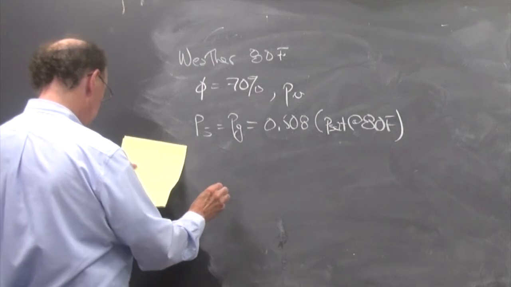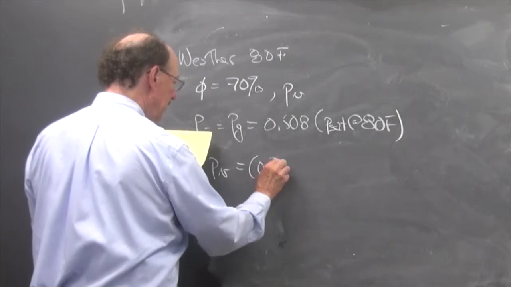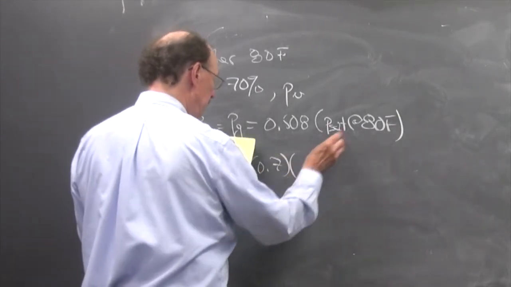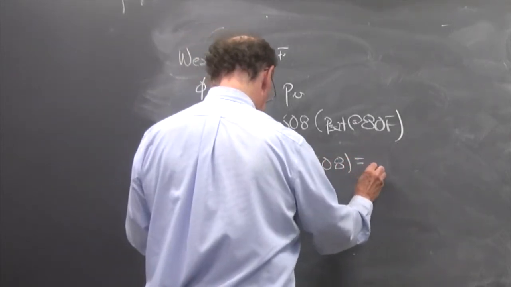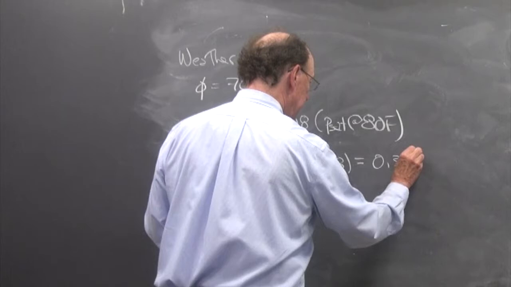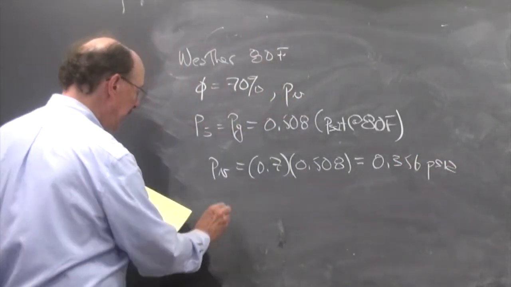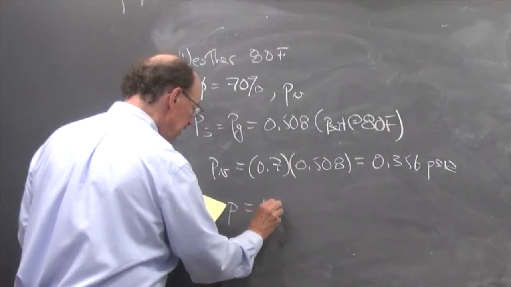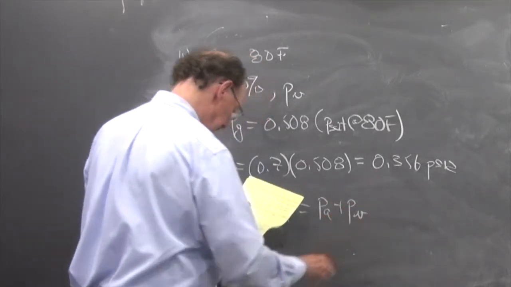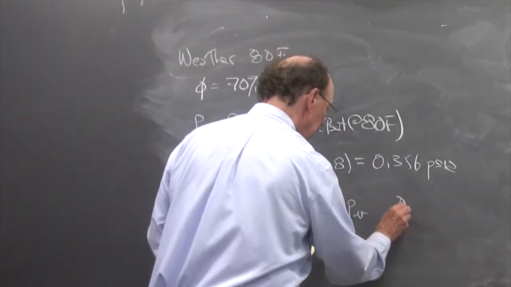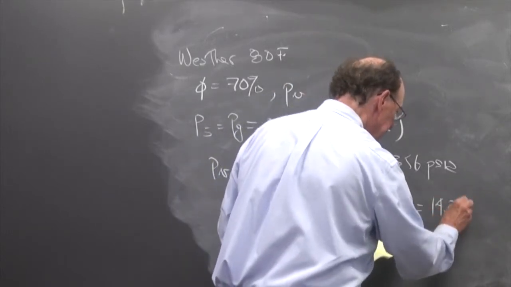And PV is equal to 0.7 times P sub G, 0.508, which is equal to 0.356 psia. And then P is equal to 14.7, which is equal to PA plus P sub V. So PA is equal to 14.34 psia.